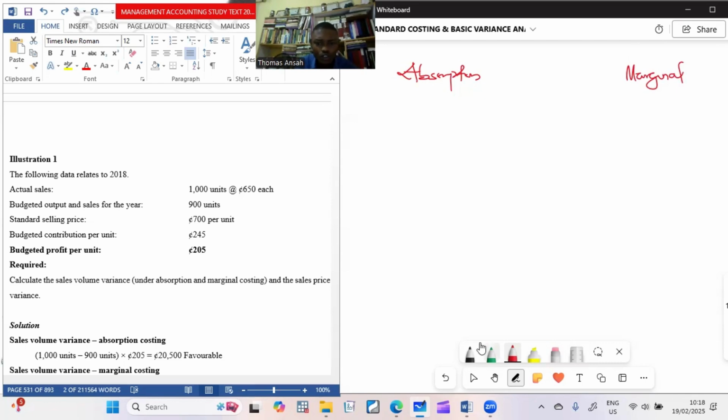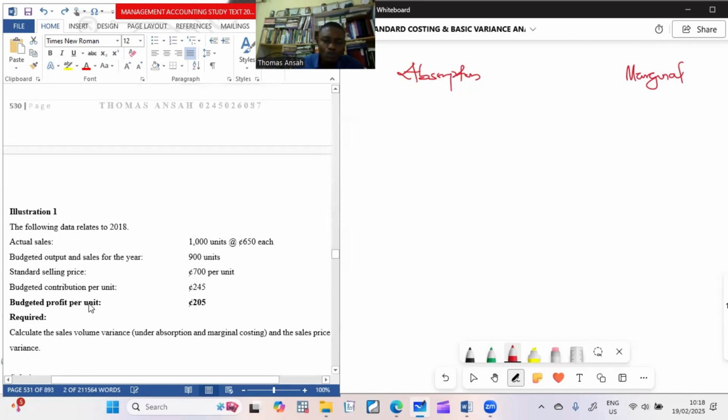If we want to compute the sales volume variance, do you remember the formula? If we are doing the sales volume, we need the budgeted quantity minus the actual quantity, then multiplied by the margin. Under absorption, the margin is the profit element.